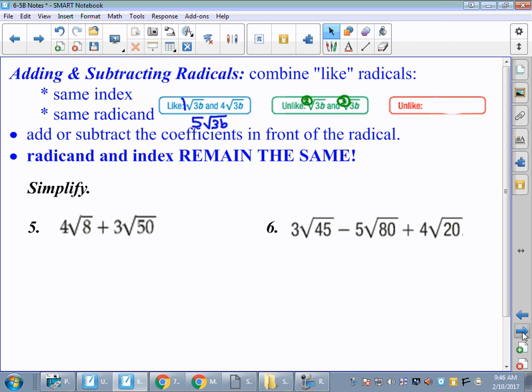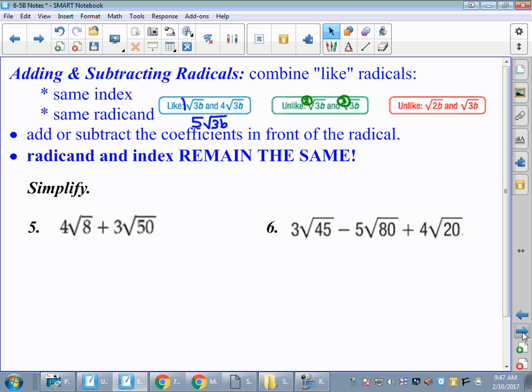And the last concept, I've got a 2b and a 3b. They're both square roots, but they're different amounts. When you take the square root of 2, you get a decimal, and when you take the square root of 3, you get a different ugly decimal. So you can't put them together. You're telling me how many total ugly decimals you have, and all you do is add or subtract the number out in front.